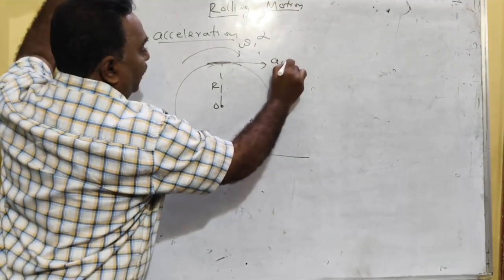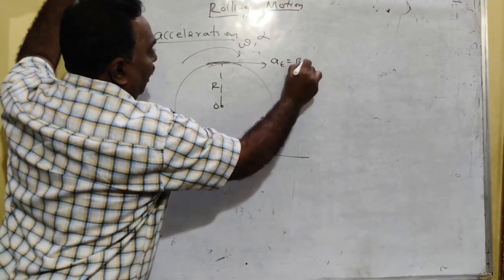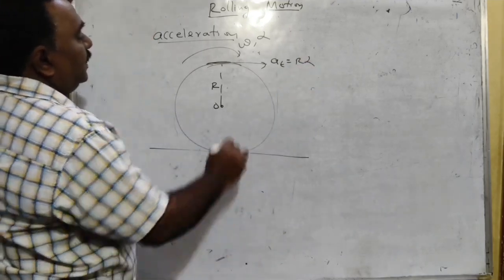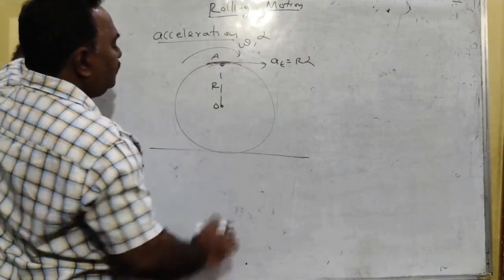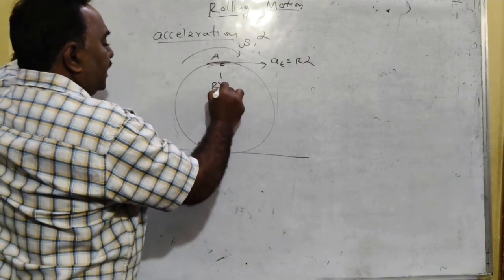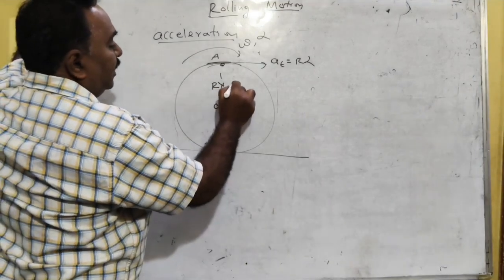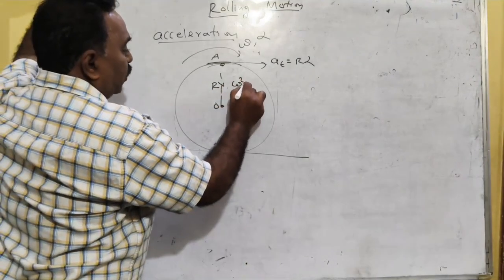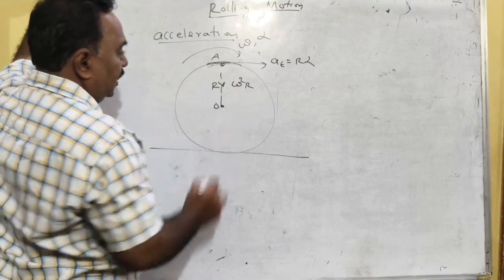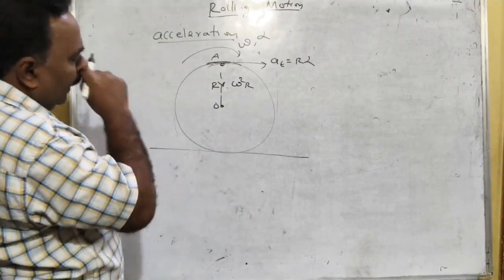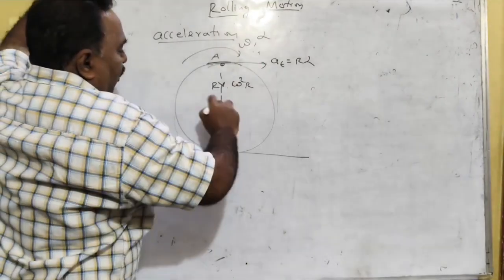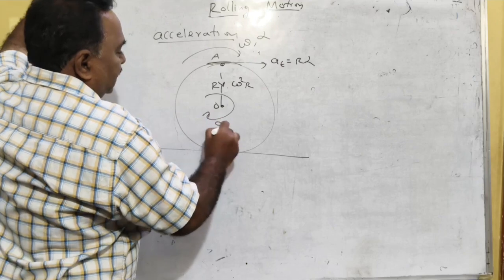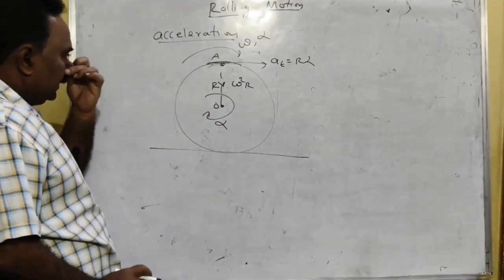Therefore, tangential acceleration is R alpha acting tangentially at this point A. Towards the center, the centripetal or radial acceleration is omega square R acting downwards. And when this body is rotating in this direction, angular acceleration is acting in this direction.